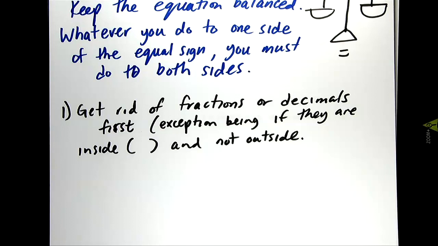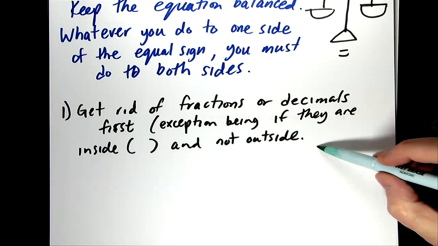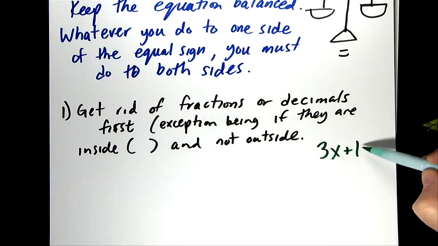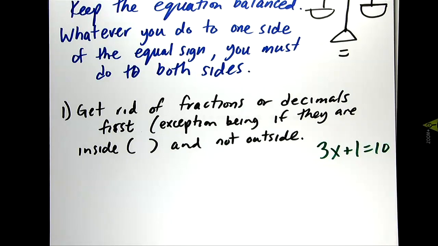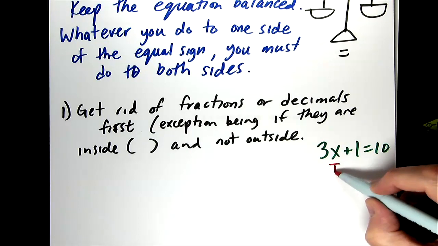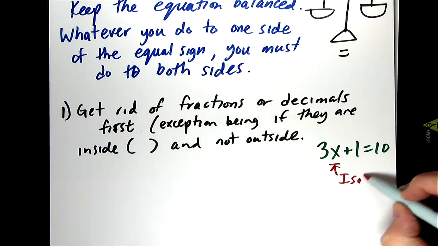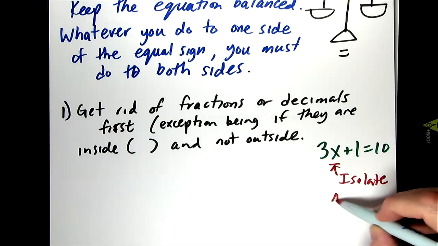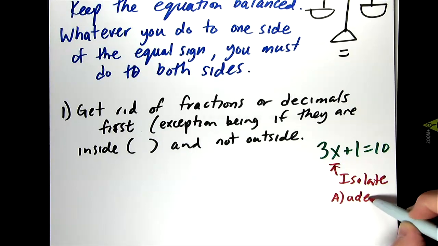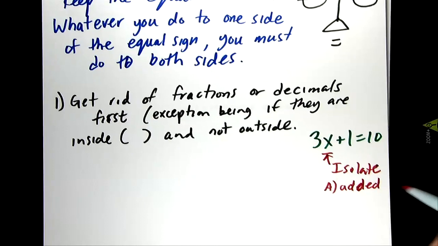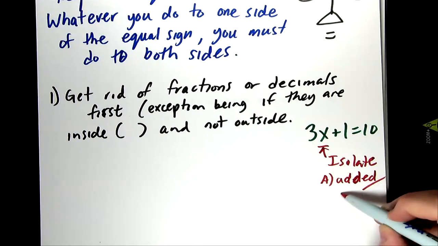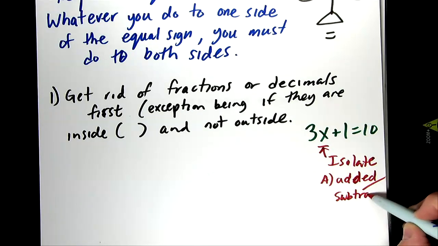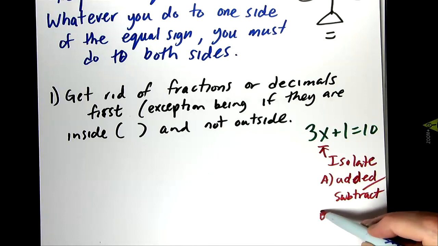And what did I just have up? 3x plus 1 equals 10. I'm gonna write this over here real quick. There are no decimals or fractions here. We are trying to get x by itself though. That's what we want to isolate. So right now it has something that is added to it. The added to it also includes subtracted things. And it also has something multiplied by it.